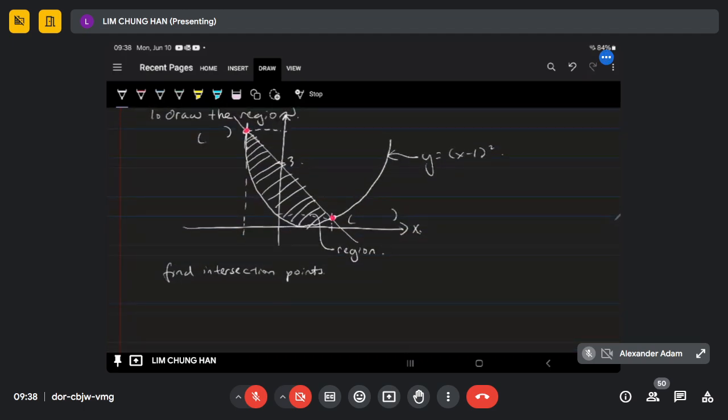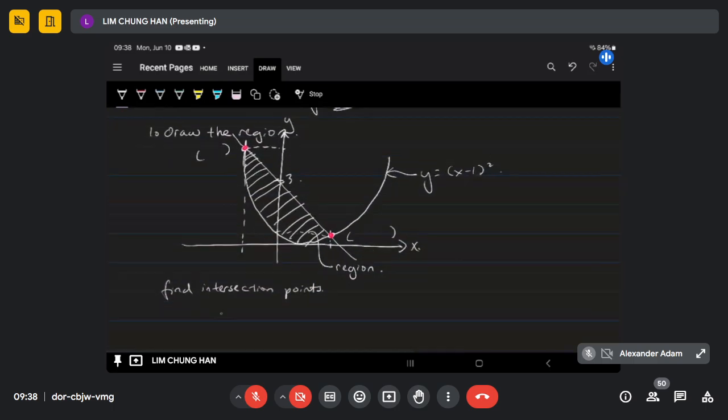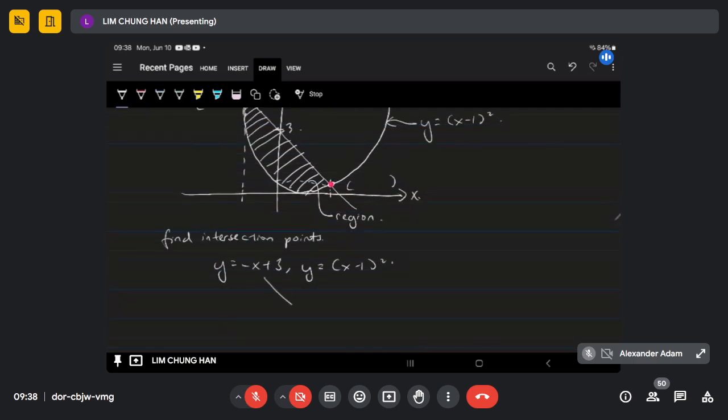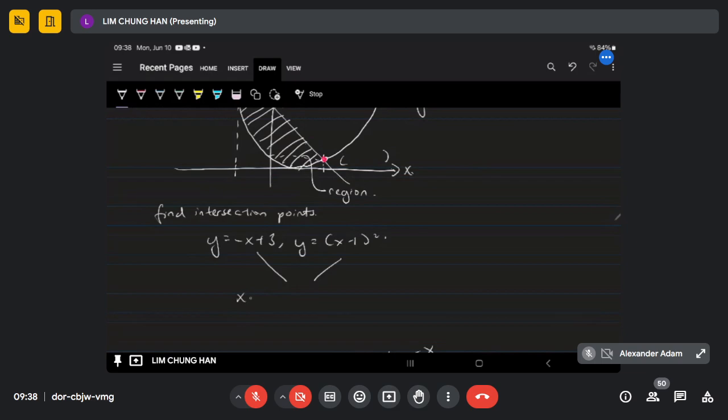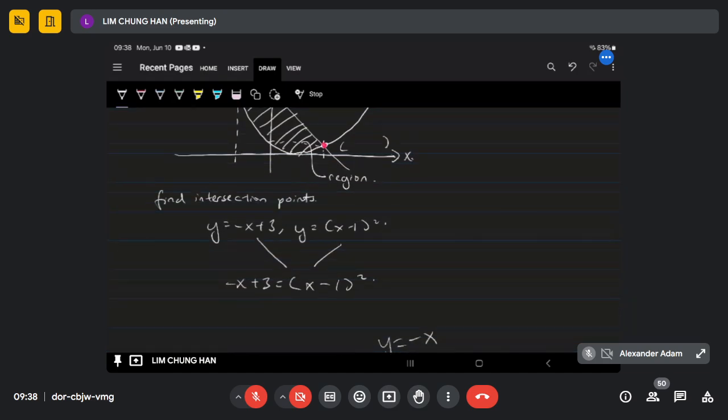How do you find the intersection point? You know y is negative x plus 3. You know y is this. So you just equate the two. So negative x plus 3 equals x squared. So expand this.